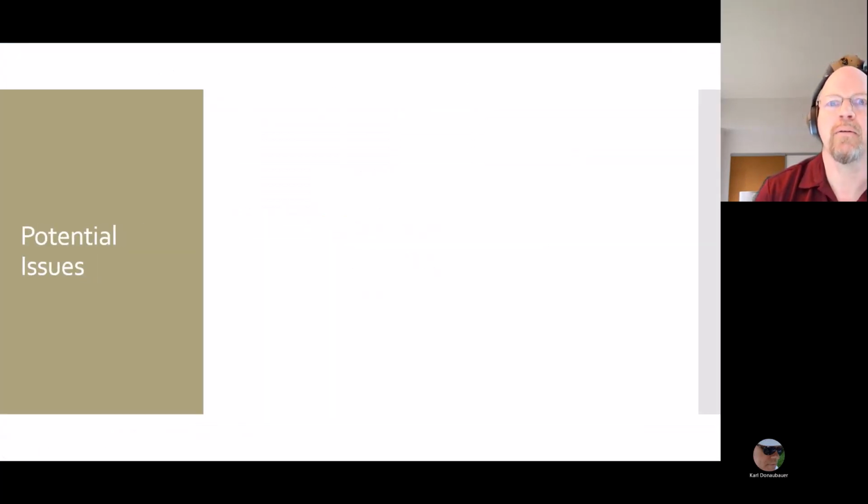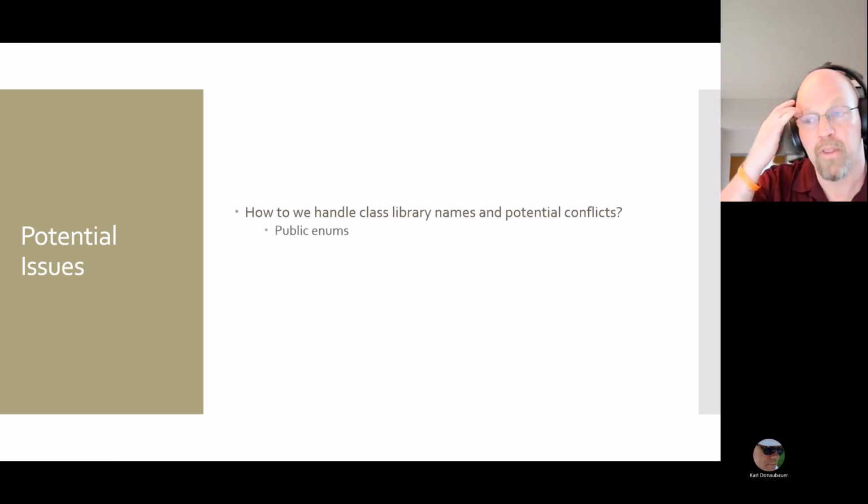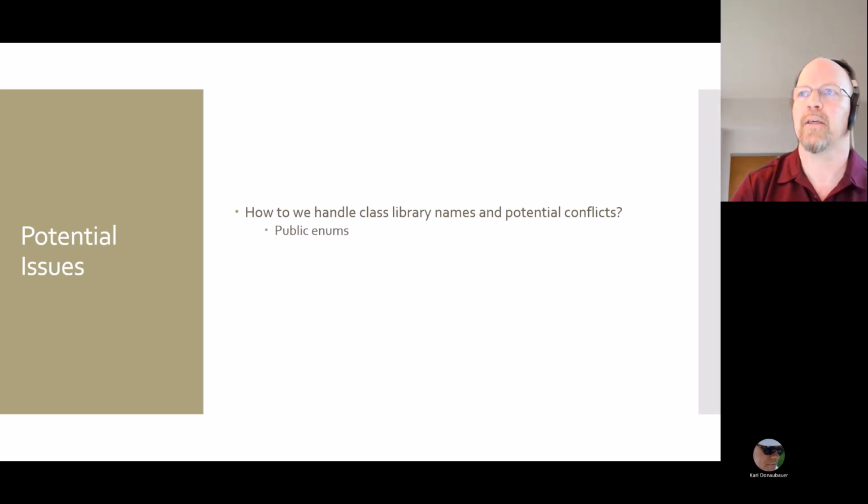So we talked about what the potential issues are here. One of the things that immediately jumped out to me is how we handle the public enums. That is a challenge. I don't know if we have to give them some kind of prefix or something like that, but again, it's a problem we can solve.